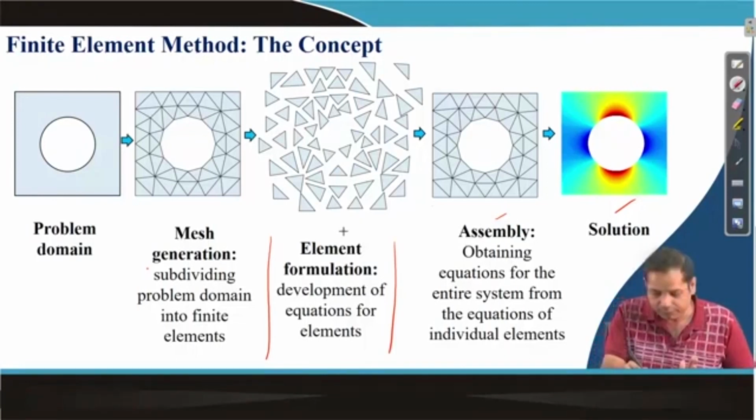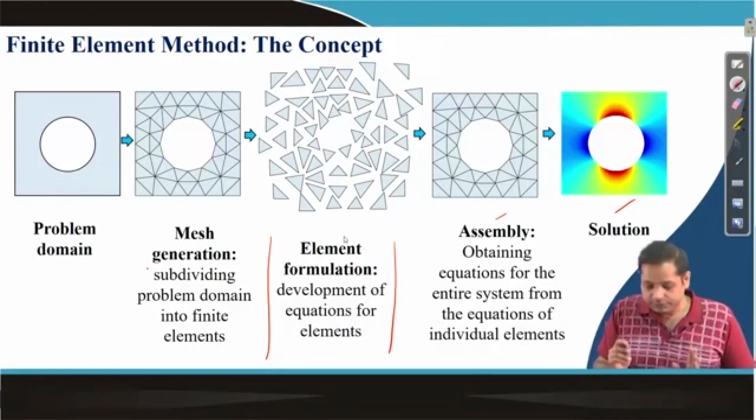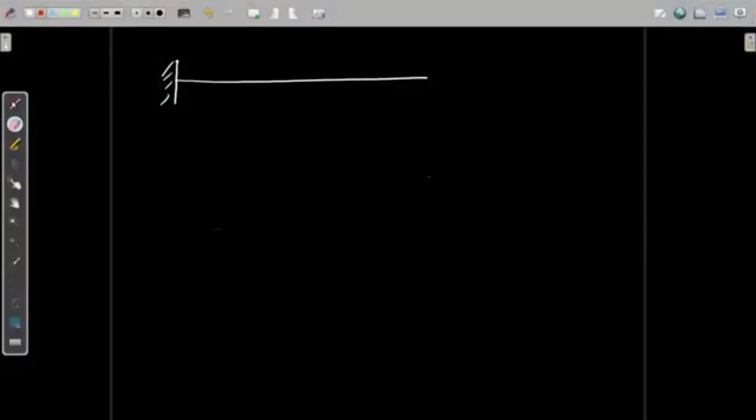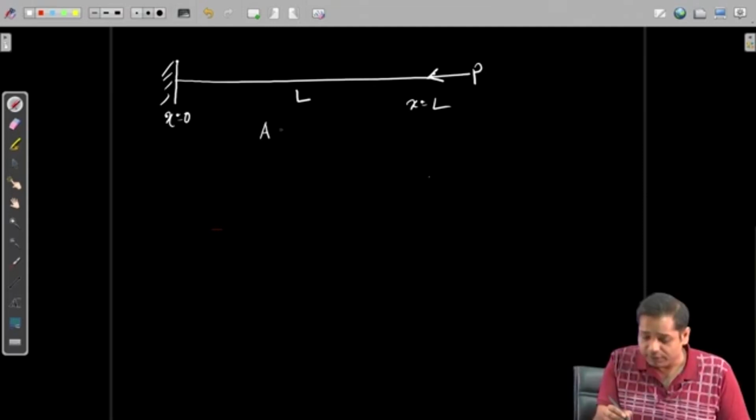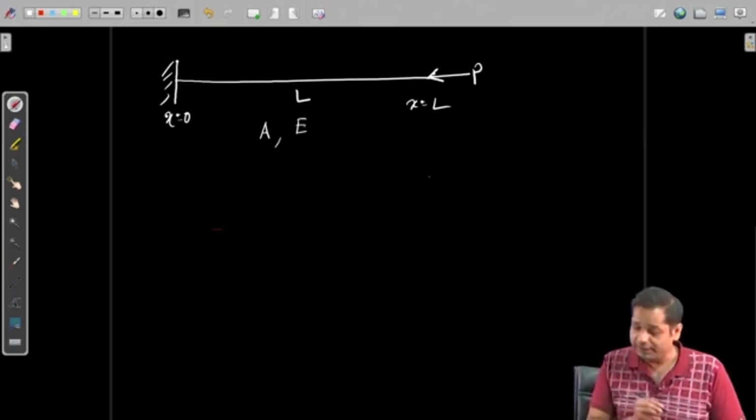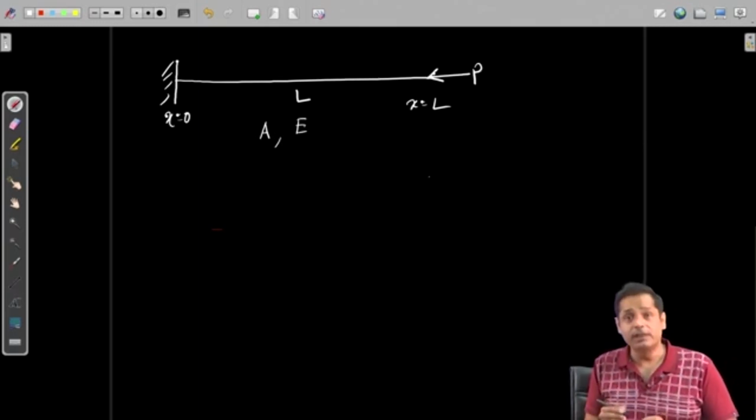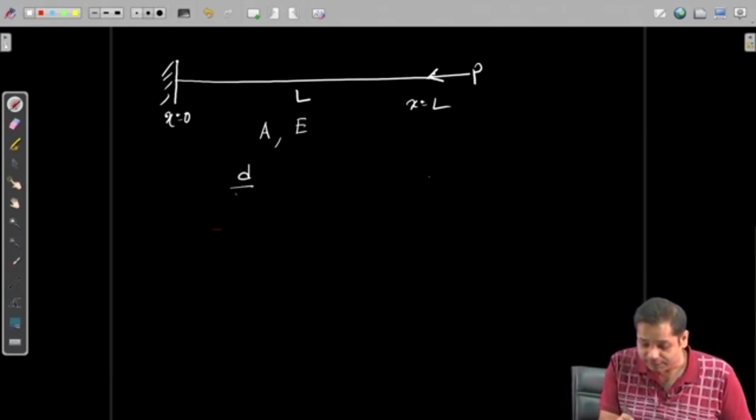Now, for instance, if we see step 2, take a 1D bar, and this is subjected to some loading P. This is x equal to 0, and this is x equal to L, so the length is L, the cross section area of the bar is A, and Young's modulus of the bar is E. Now we know the governing equation which describes the behavior of this problem is d/dx of (EA du/dx) plus b is equal to 0.